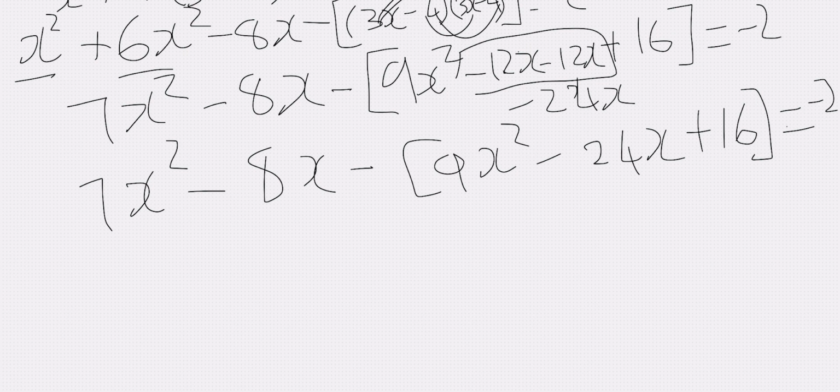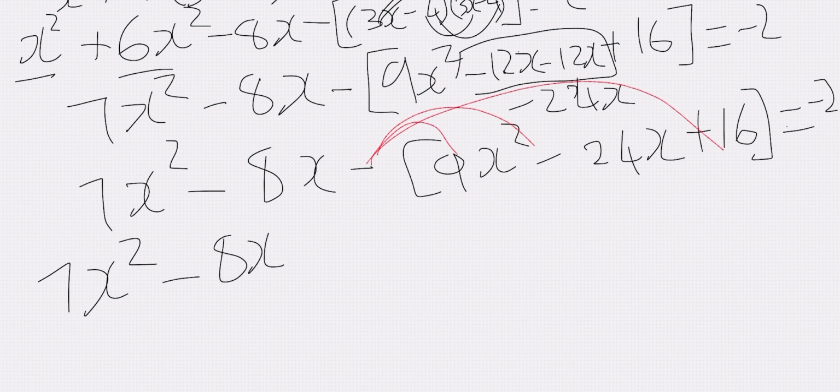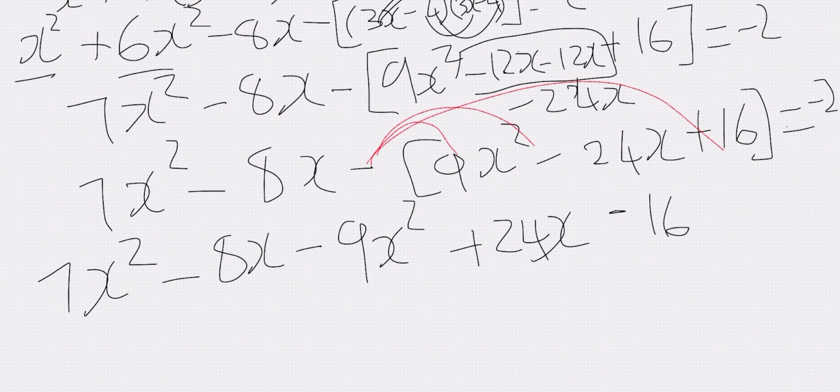Okay. Now we can kill the solid bracket by doing what? By multiplying inside with the negative sign. So whenever there is a negative, there will be a positive. Whenever there is a positive, there will be a negative. So that means now you'll have 7x squared minus 8x minus 9x squared plus 24x minus 16 equals minus 2.